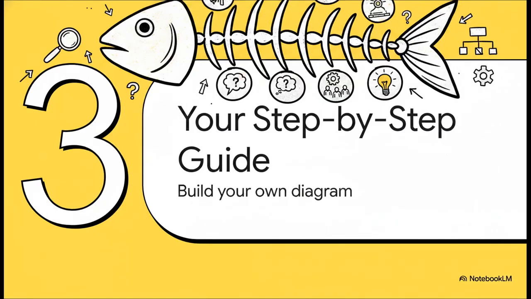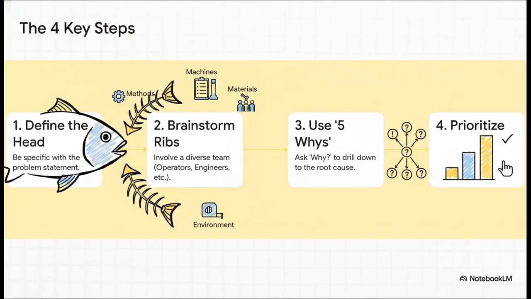Okay, so you get the theory, you see the structure, but how do you actually build one? Let's walk through it step by step so you and your team can put this into action. It's really just 4 steps. First, you nail down that super specific problem for the fish's head. Second, and this is important, you get a diverse team together to brainstorm causes for each of those 6Ms.